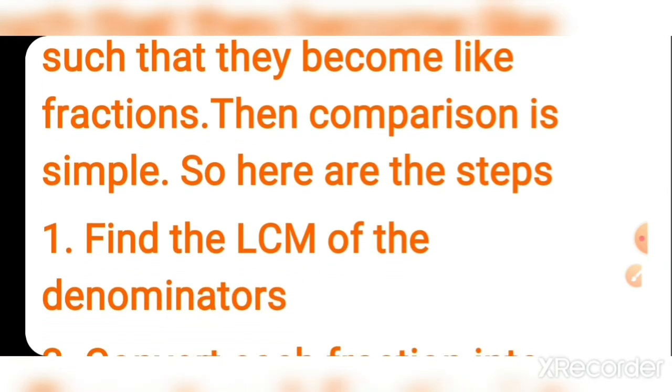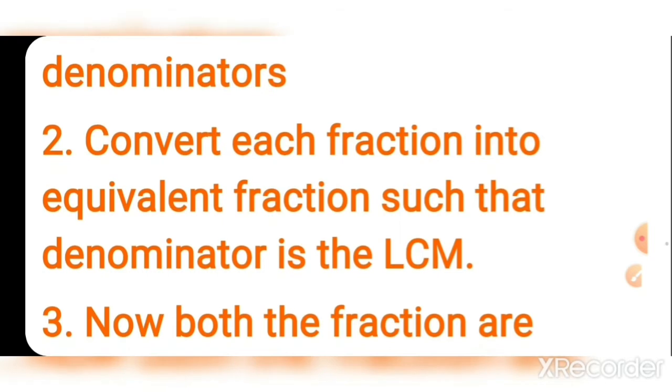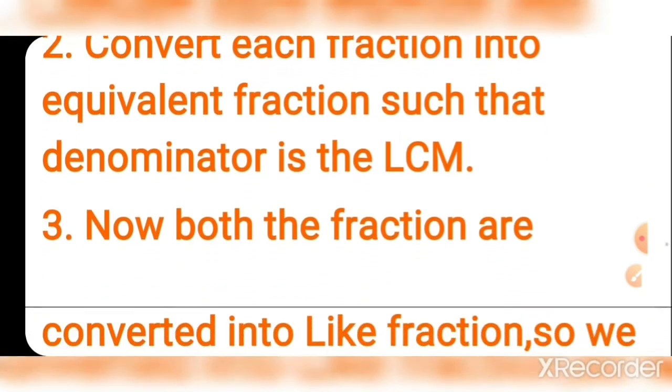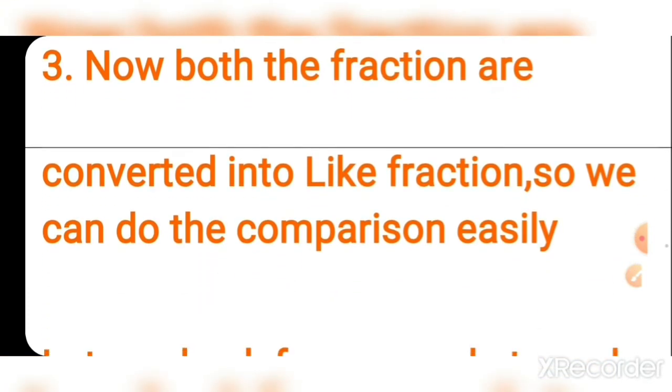First, we will find out the LCM of the denominators. As denominators are different, we will find the LCM. Then convert each fraction into an equivalent fraction such that the denominator is the LCM. Now both the fractions are converted into like fractions, so we can do the comparison easily. There are 3 steps: first, find the LCM, then multiply the fraction with the number so that the denominator becomes the LCM, and then compare.